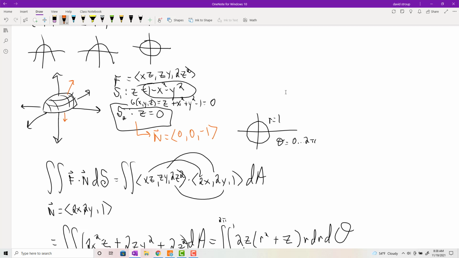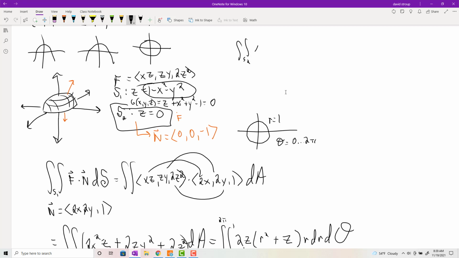Okay, so the force vector then for this, we need the force vector dotted with this normal vector, right? So I put the second integral, so this we say is S1, and then we'll put S2 up here.